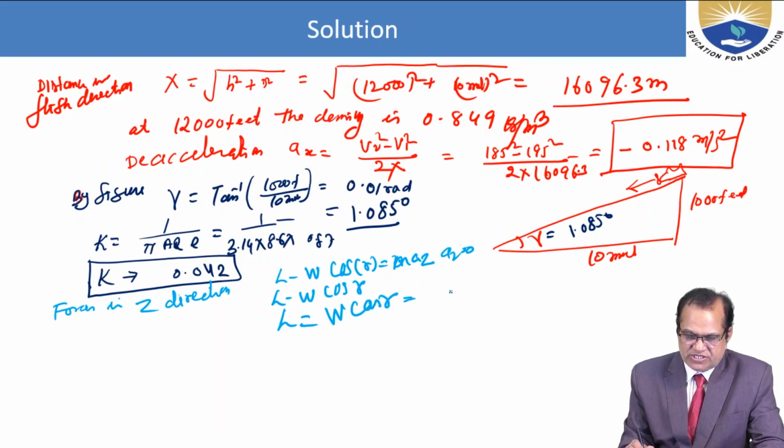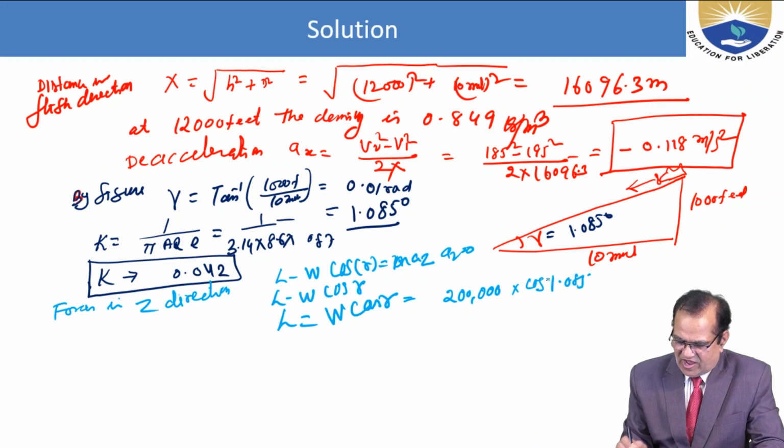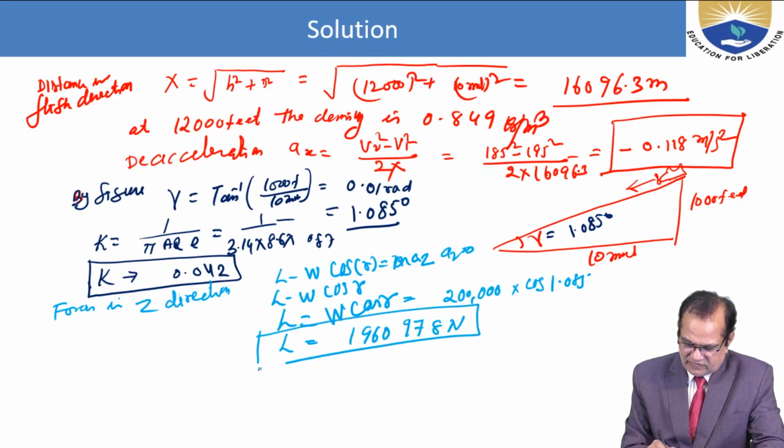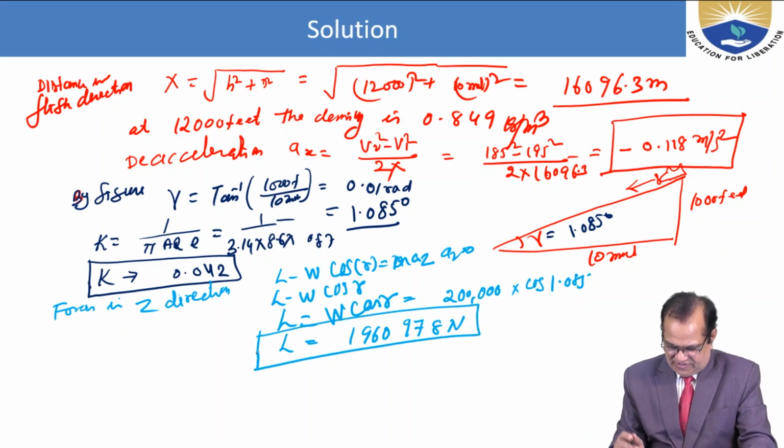And W is 200,000 kg into cos of 1.085. So this lift we are going to get 1960978 Newton. So we got the lift.